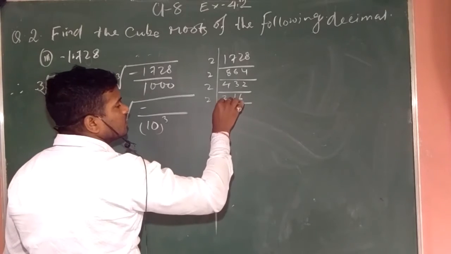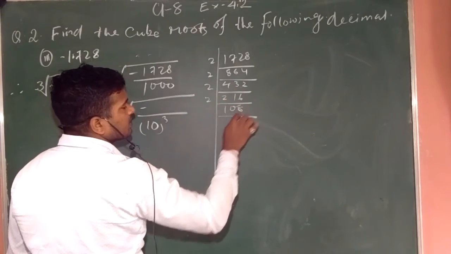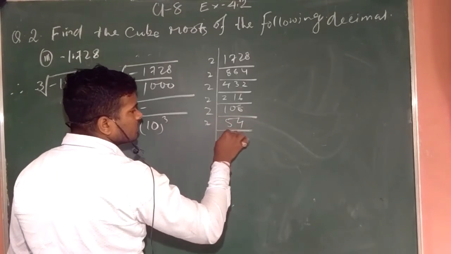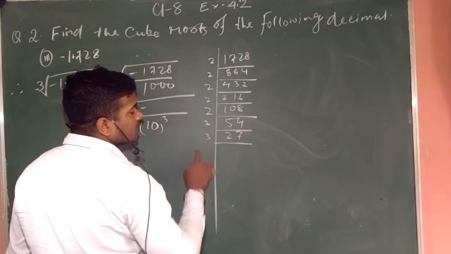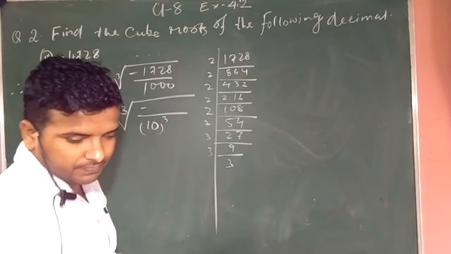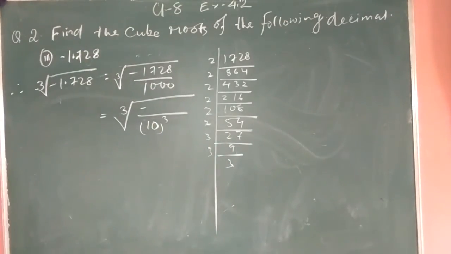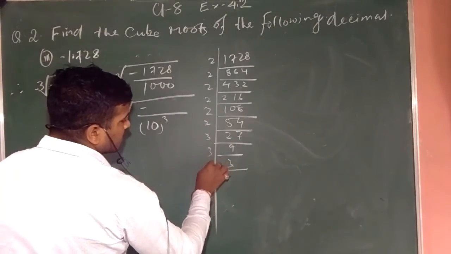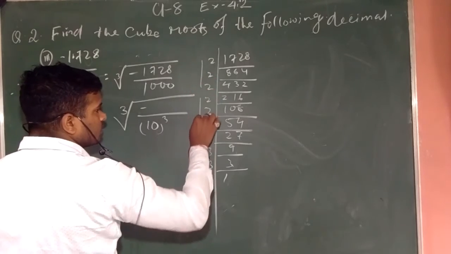Again 2, 2 8s are 16, again 2, 2 5s are 10, 2 4s are 8, again 2, 2 2s are 2, 2 7s are 14. Again 3: 3 9s are 27, and 3 3s are 9.